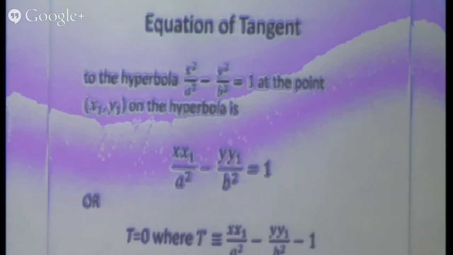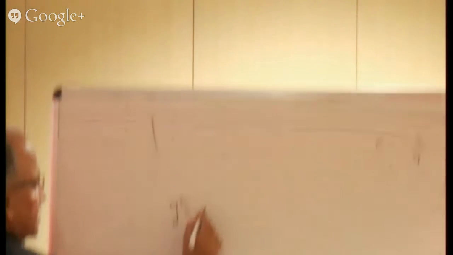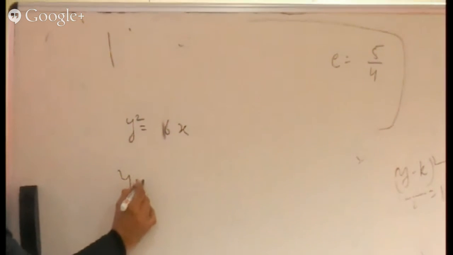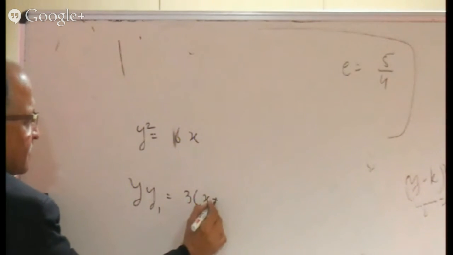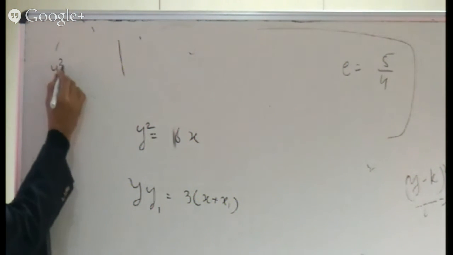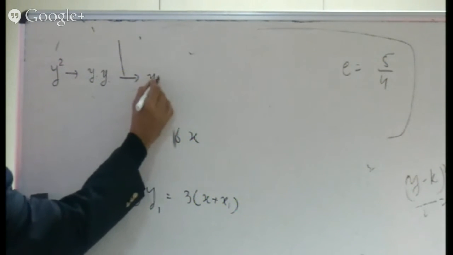What about the parabola? The case of the parabola is typical. Suppose 6x is there. So y you will replace by y and y1, and this as well. That means what is the basic criteria? If there is y square, write it as y into y, replace one y by y1.